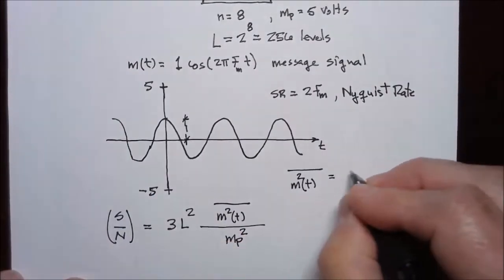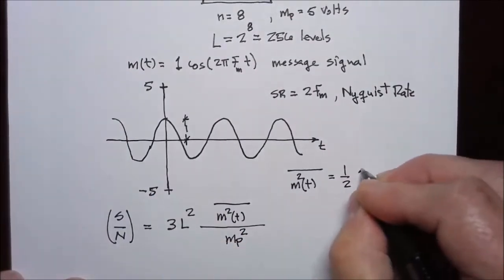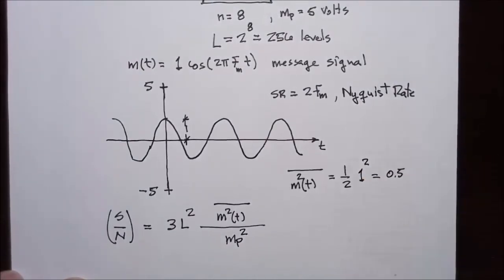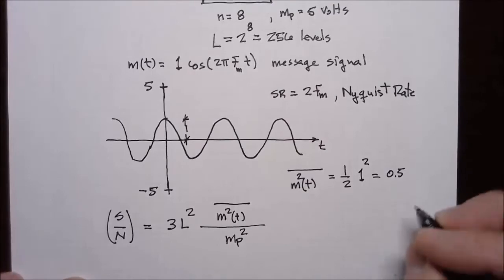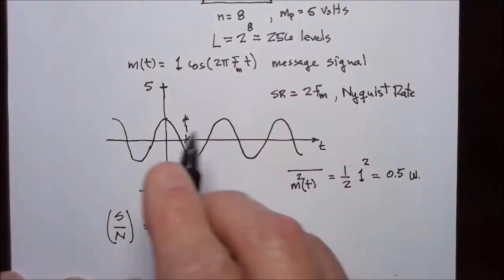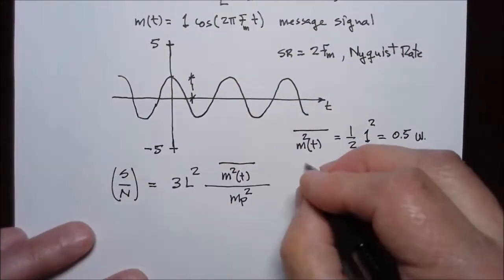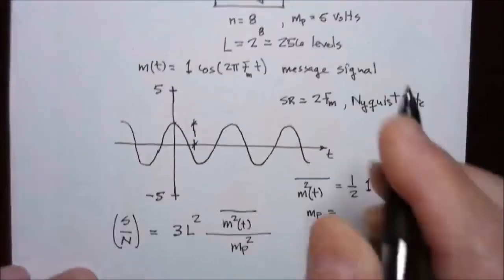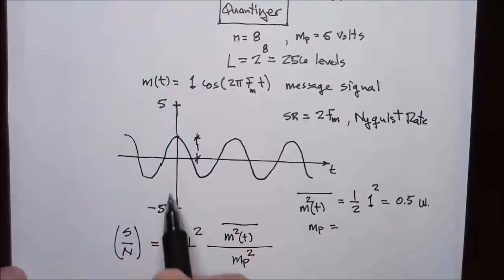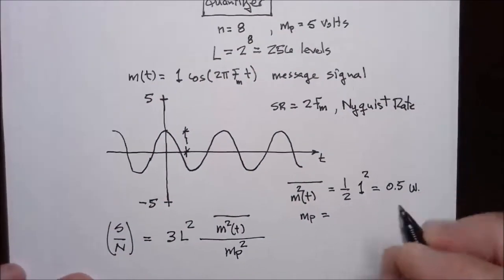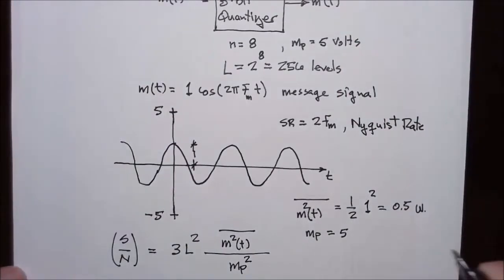Well, that is always 1/2 the amplitude squared, so that's going to be 0.5 watts is the average power in this cosine. MP is equal to 5. See, it's not 10, it's 5 as the value for MP.